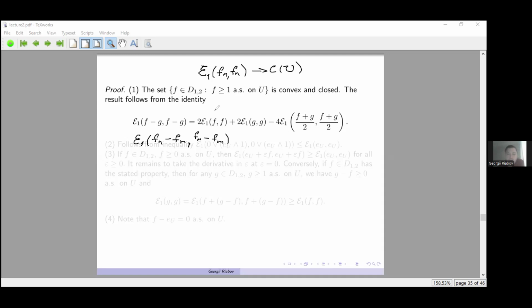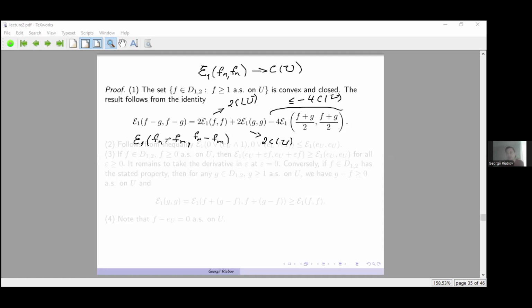Now this converges to capacity, this converges to capacity, and this part is less than minus 4 capacity of U. So this means that with respect to E1, Fn is a fundamental sequence, so it has a limit.